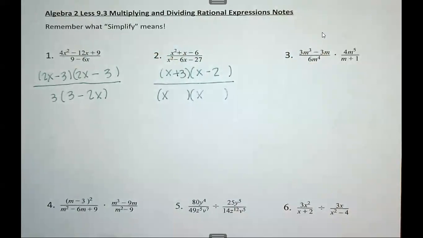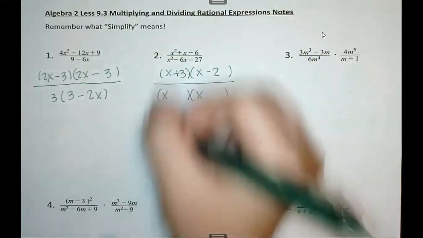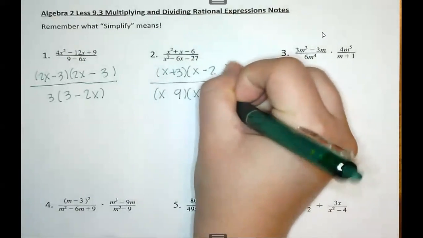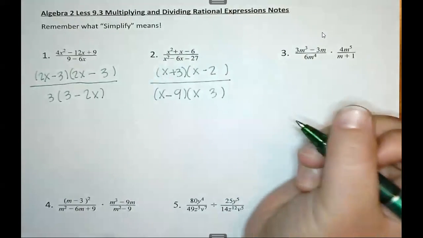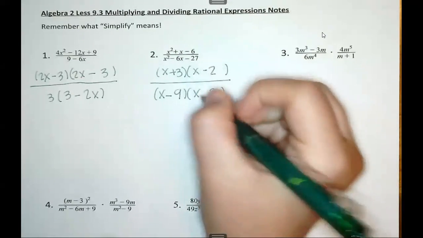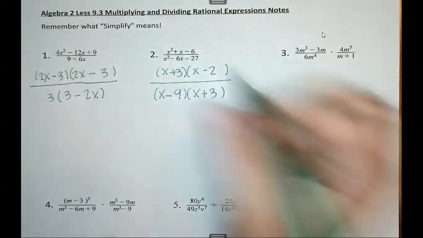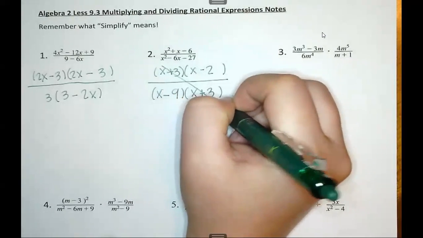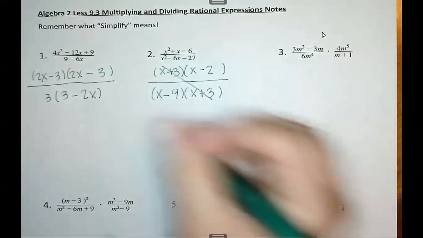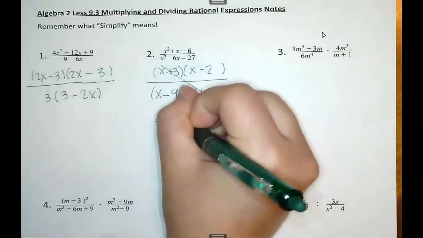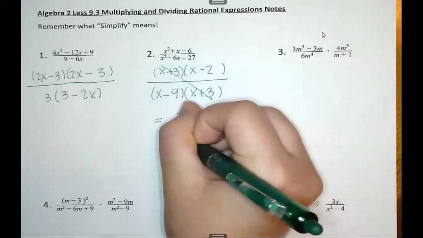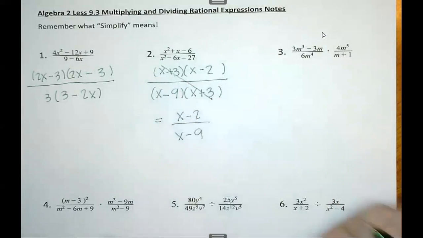We need something that multiplies to give us -27 and adds to give us -6. So for 27, we could use 9 and 3. I would need more negatives than positives to get that -6 in the middle, so this must be a +3. So now I have x plus the 3's that will cancel out in top and bottom. So I'm left with x minus 2 over x minus 9.